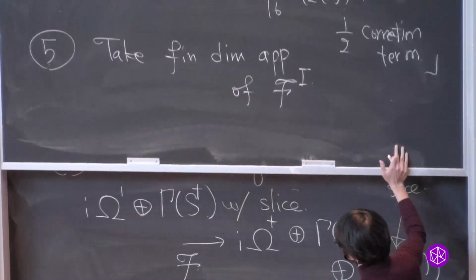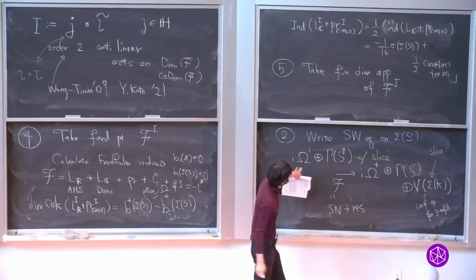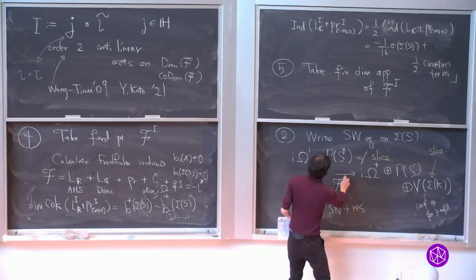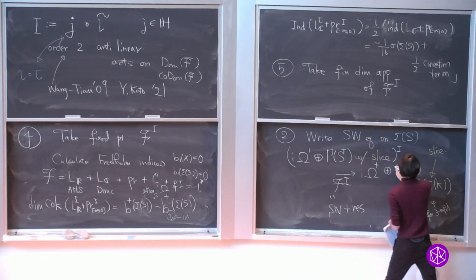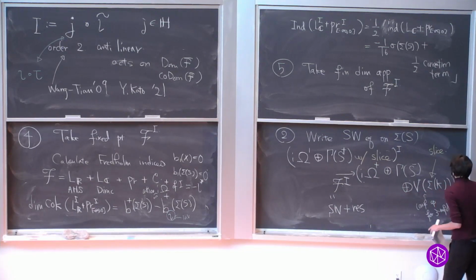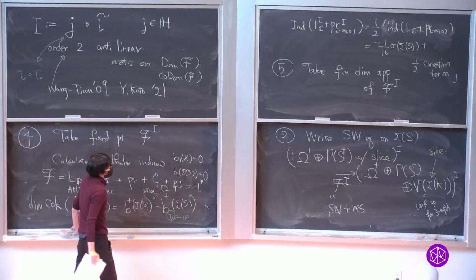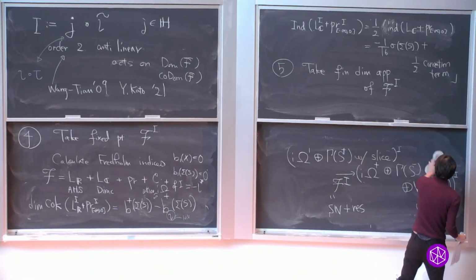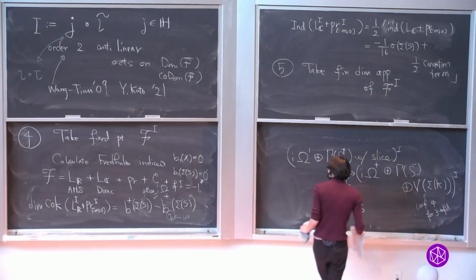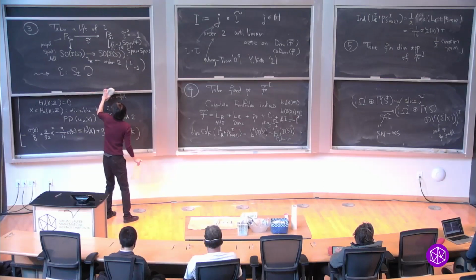Just take a finite dimensional approximation of this guy. So then we obtain a map between the finite dimensional spaces.